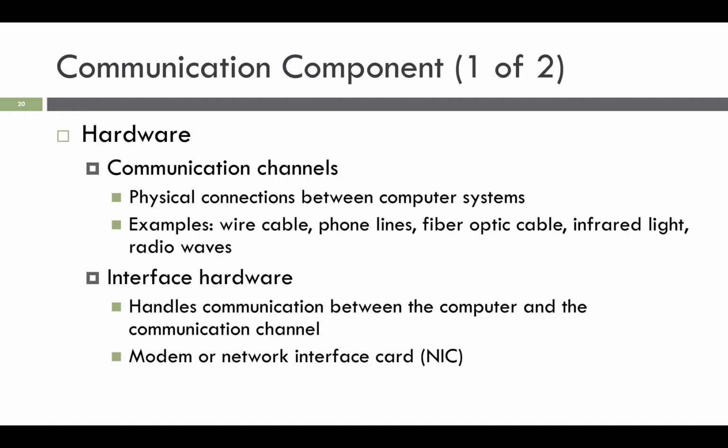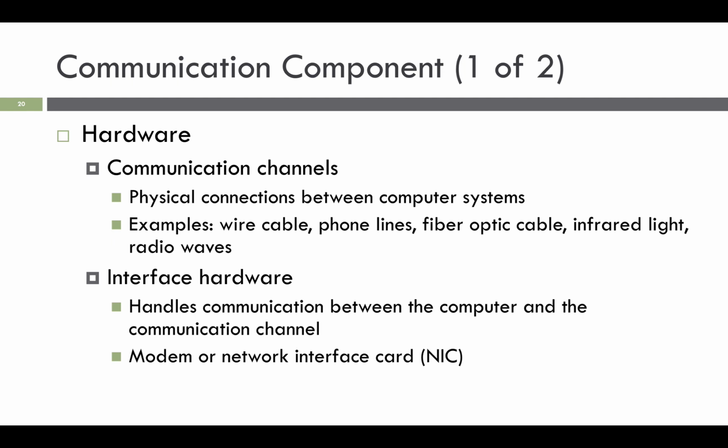The final component is communication, which is sending and receiving data with another computer system. The hardware components include communication channels and interface devices. These channels could be wire cables, fiber optics, or radio waves. An interface device connects the communication channel to its internal components.